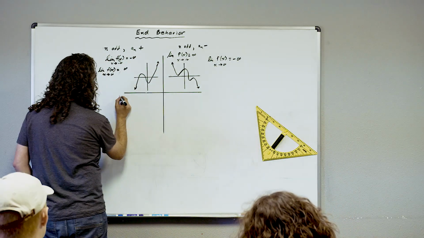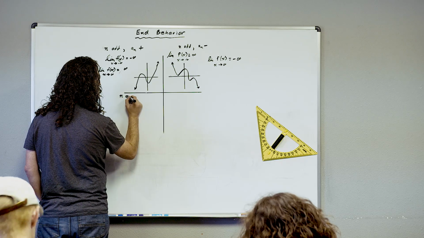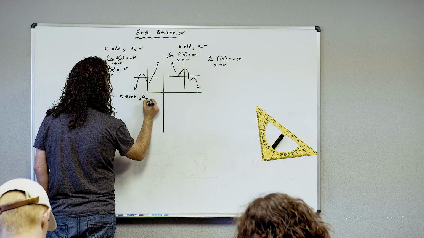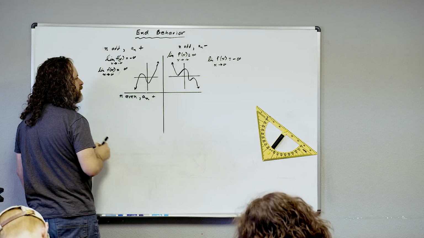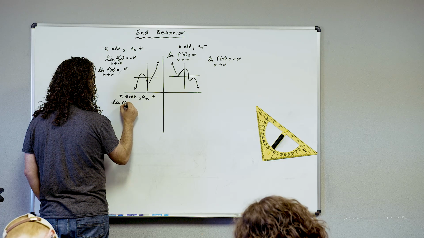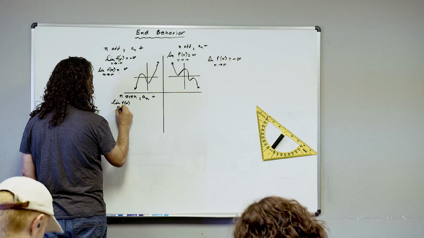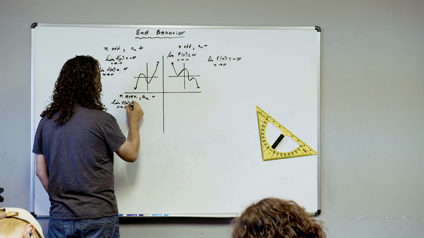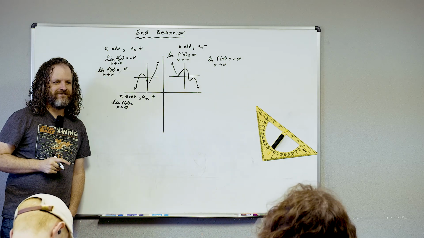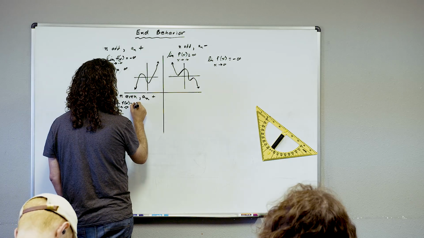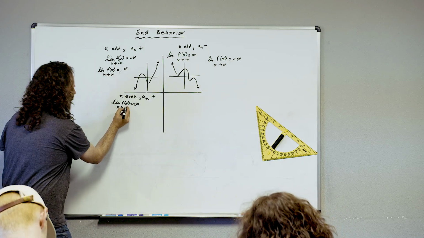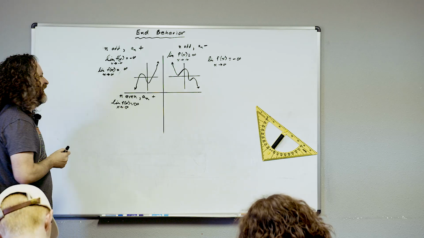If n is even and a sub n is positive, what is this going to be? The limit of f of x as x approaches negative infinity, what's it going to be? Positive infinity.